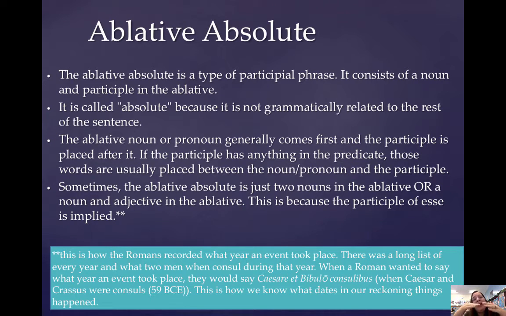They told it by saying it was the year that these two men were consuls. So, for example, if they wanted to say that something took place in what we would consider 59 BCE, they would say Caesare et Bibulo consulibus, with the implied esse. So with Caesar and Bibulus being consuls, or when Caesar and Bibulus were consuls. This is how we know what their dates were and how we can match them up with our own dates.